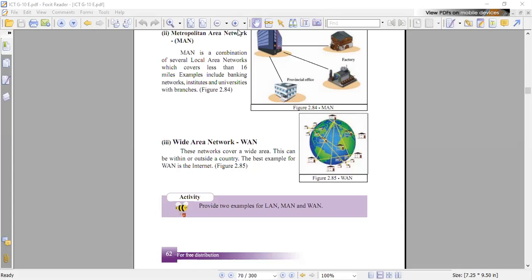Next one, write down wide area network, WAN. When you are writing the WAN, be careful with the spelling. Wide area network.